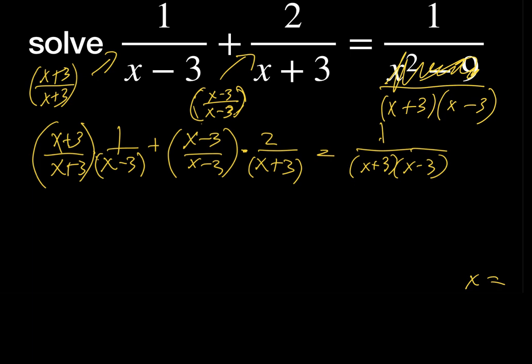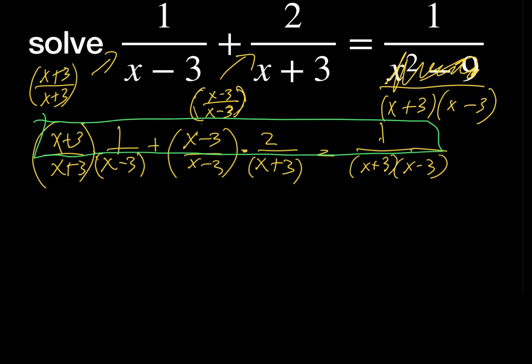I have now a whole set of fractions whereby the denominators are all the same. If the denominators are the same, and these fractions all have to be equal, that means the numerators have to be equal. So once I get my common denominator, I can then look only at the numerator to solve.